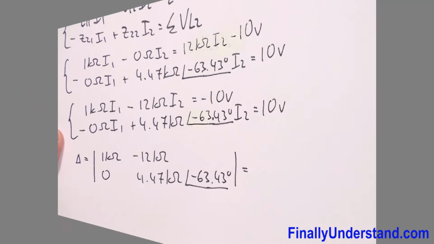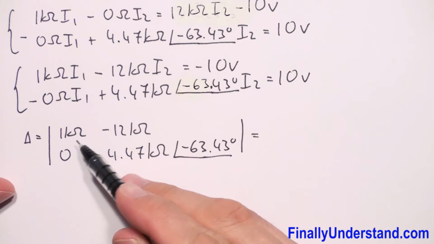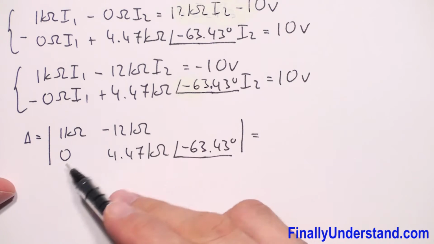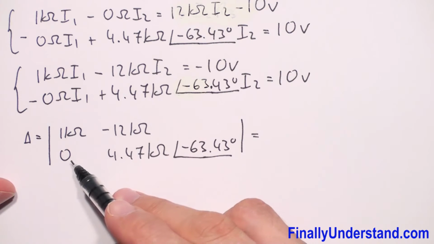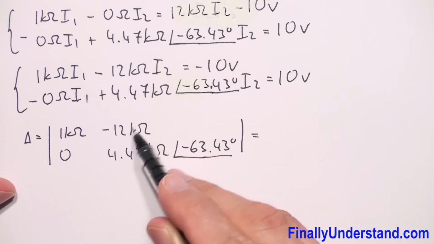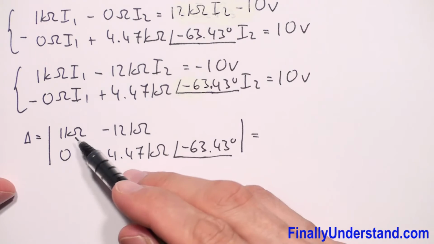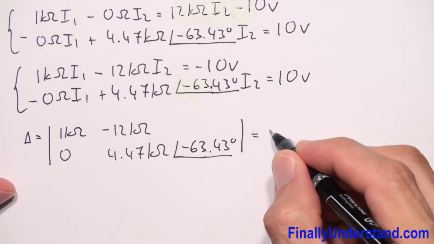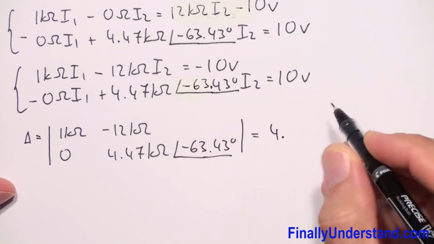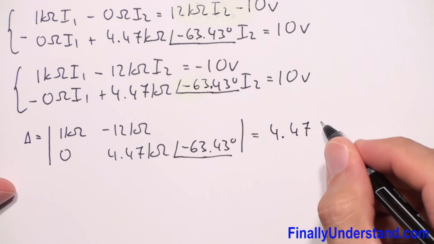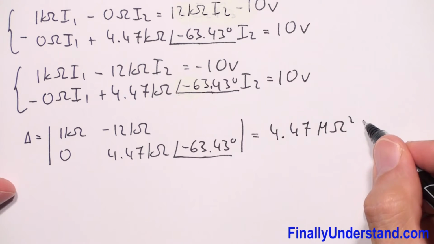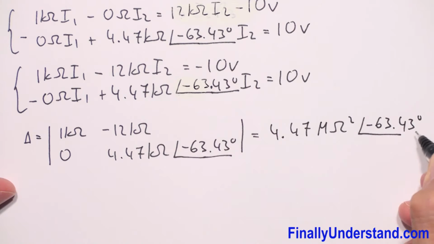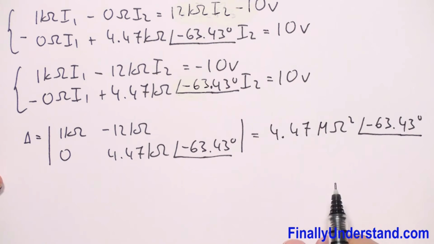Okay, so now we're supposed to multiply 1 kilo ohm times 4.47 kilo ohms and minus the product of these two numbers, but anything multiplied by 0 will give me 0. That's why I'm not going to even consider this operation. Simply I'm going to multiply 1 kilo by 4.47 K angle. Okay, so this is 4.47 mega ohm square and angle of negative 63.43 degrees. Okay, so this is my delta.